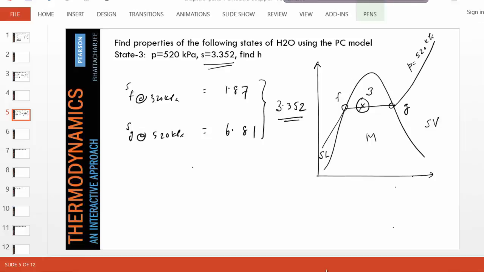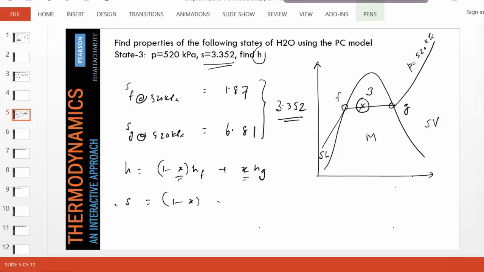So if this is our state 3, how do I find enthalpy? We know enthalpy is given by 1 minus x times HF plus x times HG. So our first goal is to find x. How do we do that? Again, we use the formula of interpolation essentially.